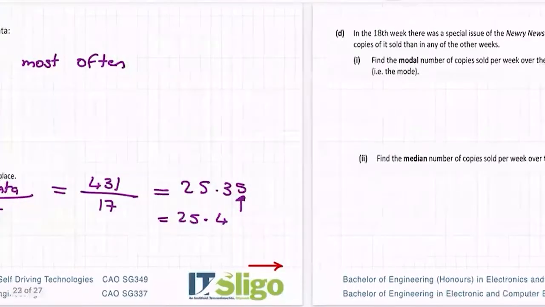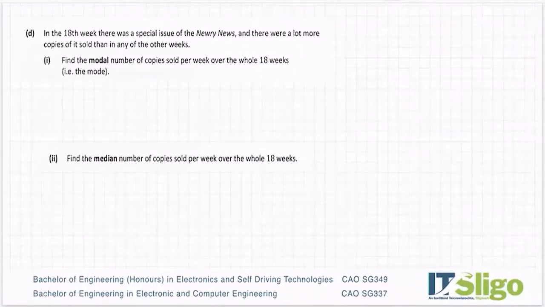Okay, the next bit said, in the 18th week, there was a special issue of the Mullery News, and there were a lot more copies of it sold than in any of the other weeks. Find the modal number of copies sold per week over the whole 18 weeks. Okay, find the mode.